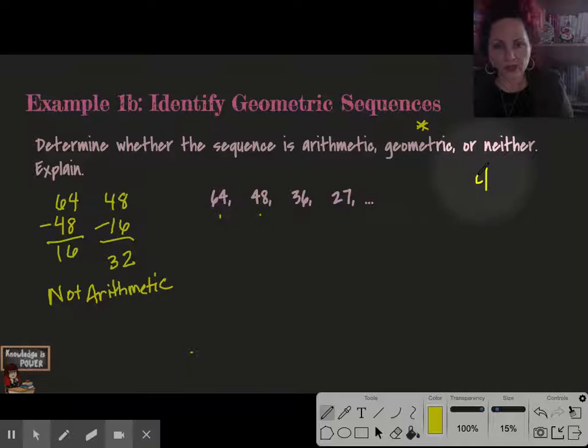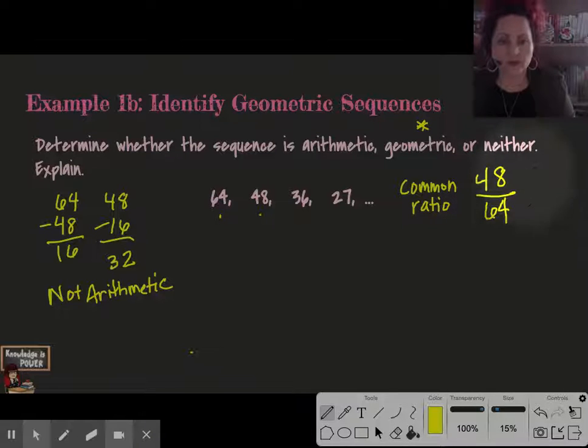So 48, to solve for our common ratio, divided by 64. When you put this in your calculator, if you use Desmos or a graphing calculator, you end up with 3/4.